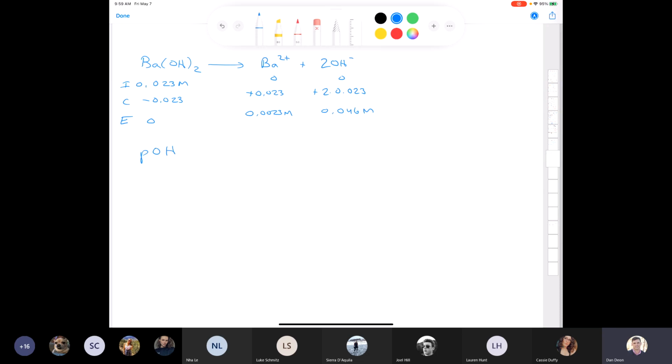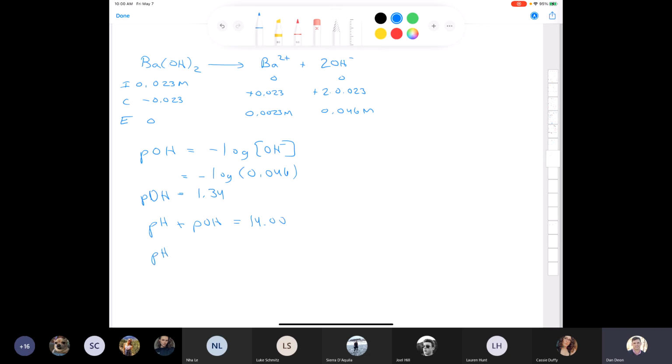We're going to first start by calculating the pOH, which is equal to the negative log of the concentration of the hydroxide ion. That equals negative log of 0.046. We get that our pOH is equal to 1.34. Remember that pH plus pOH is equal to 14.00.